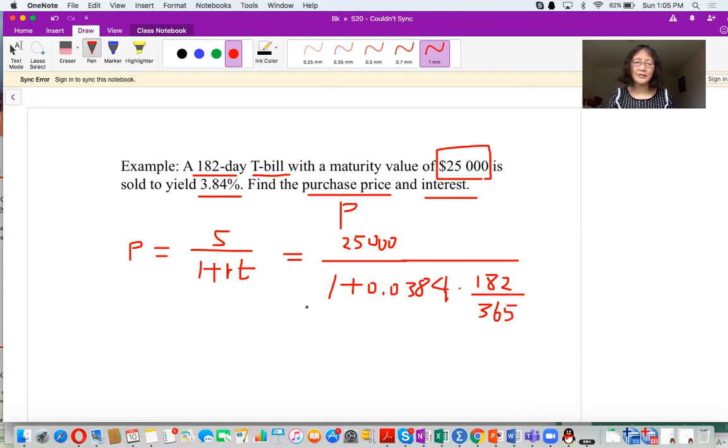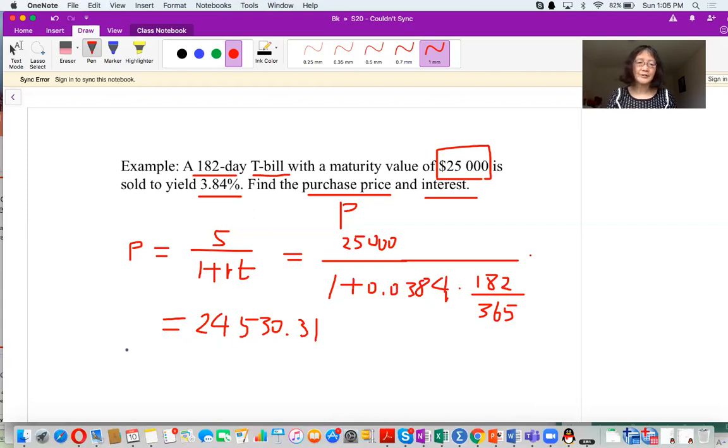And final result, you get 24,530.31. So this is the purchase price.